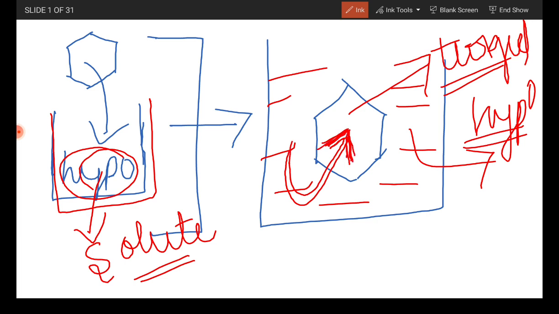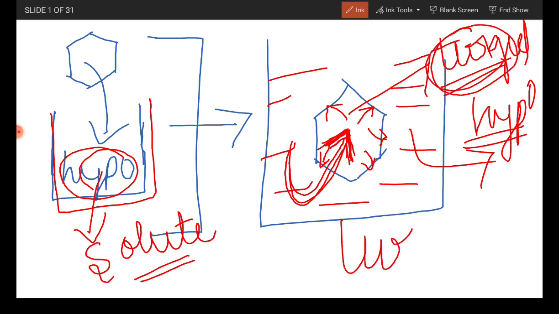This content that enters the cell exerts pressure on the wall of the cell. The cell wall experiences this pressure, which is called turgor pressure, and the cell bulges. That is called turgid. The cell becomes turgid.